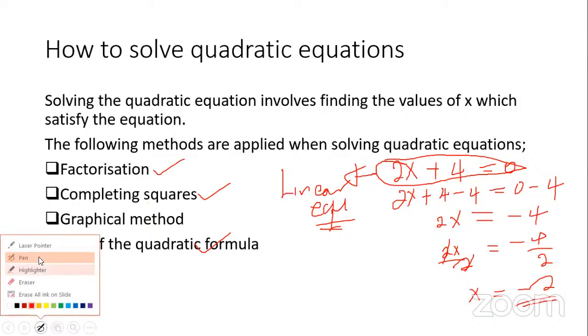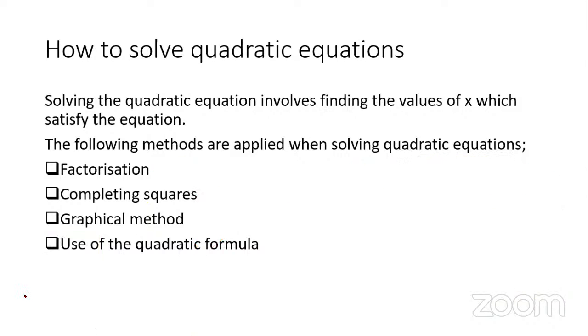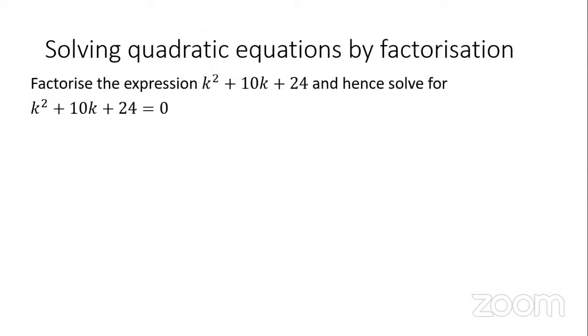So we can go ahead to factorization. Our subheading is solving quadratic equations by factorization. So I'm saying factorize the expression k squared plus 10k plus 24, and hence solve k squared plus 10k plus 24 equaling to 0.